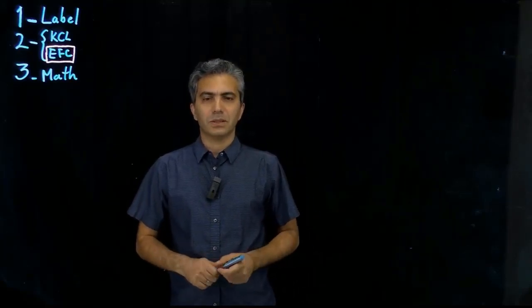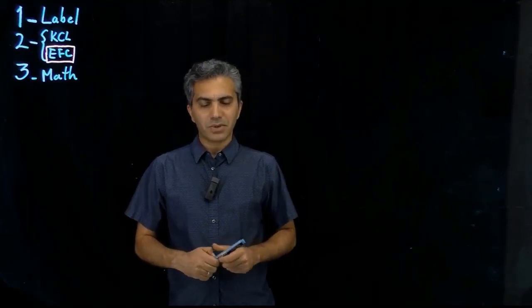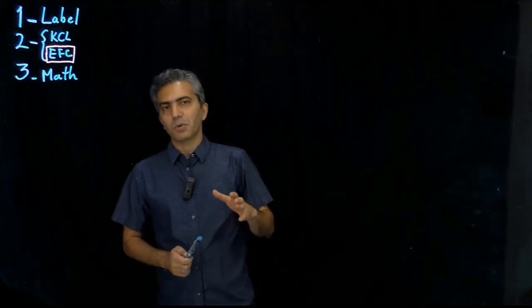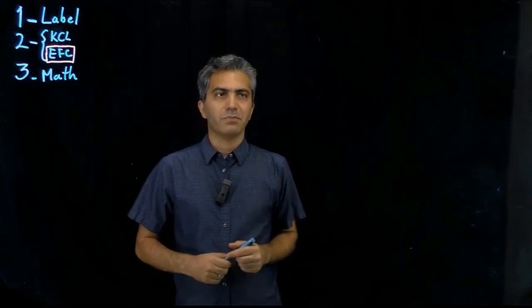So with that, let's start with simple circuits and start with the most important components first. These components are the most common in circuits, and then we take it from there.